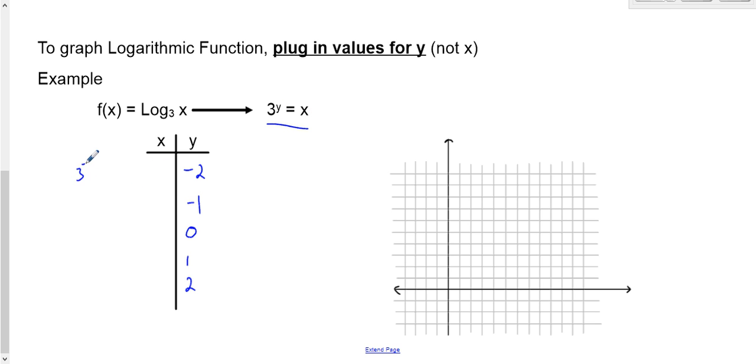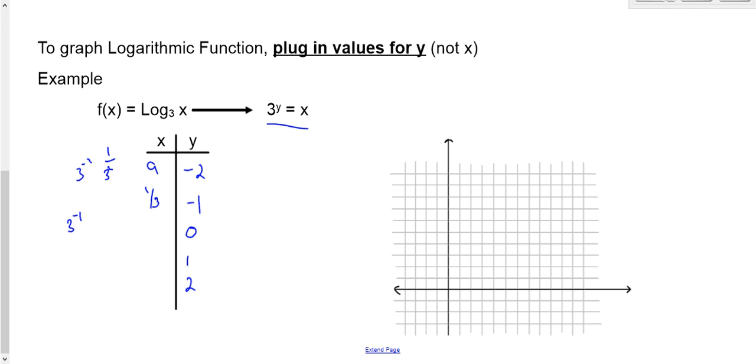So 3 to the negative 2 is 1 over 3 squared. That negative makes it the reciprocal value. 3 to the negative 1 is 1/3.